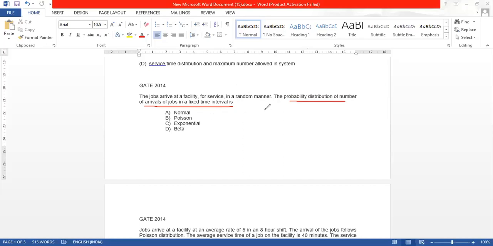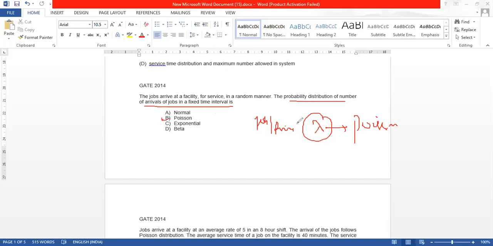This will be Poisson. I said just now that he is talking about the number of jobs in a fixed time. Jobs per time or customers per time represents the arrival rate, and arrival is Poisson. If he asked what is the probability distribution of the time between successive arrivals, that would be about inter-arrival time, and then it would be negative exponential.